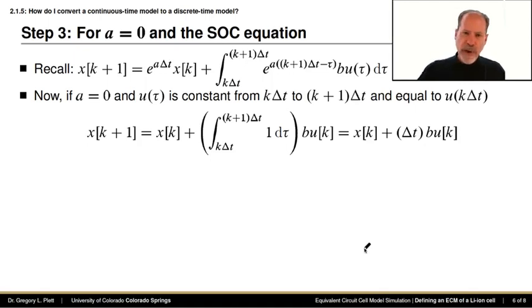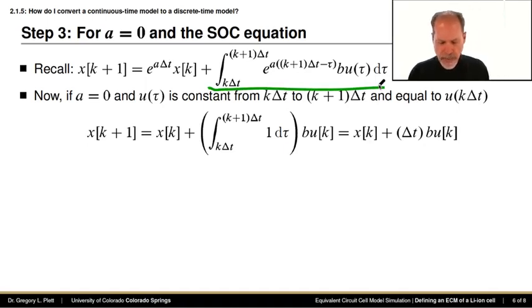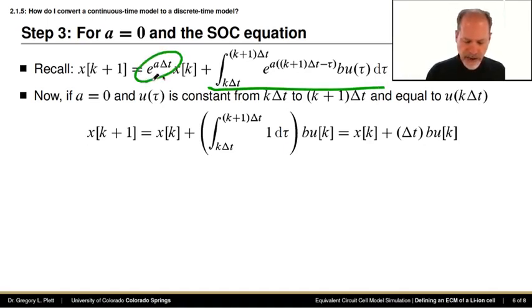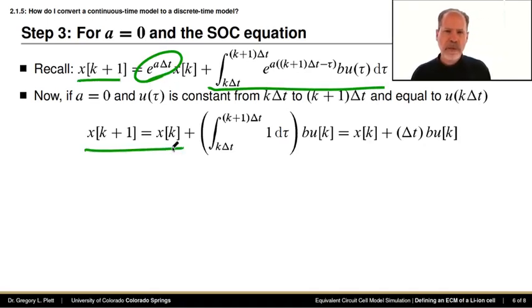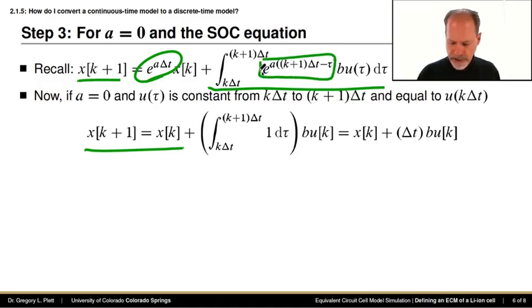So when we do that, we go back to the previous slide and we substitute in this result. So we're starting here. We haven't performed the integral yet. So e to the a delta t, if a is 0, is just 1. So that's new x equals 1 times old x, which is what we have right there. And then inside the integral, notice if a is 0, all of that stuff is 1.